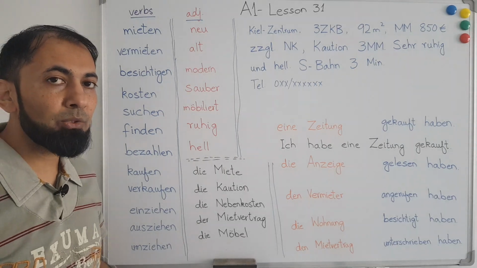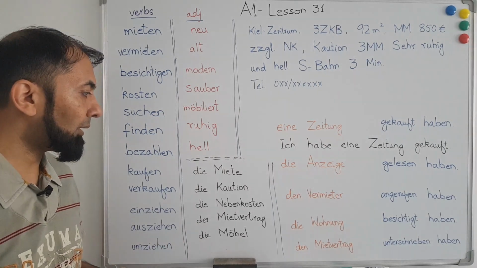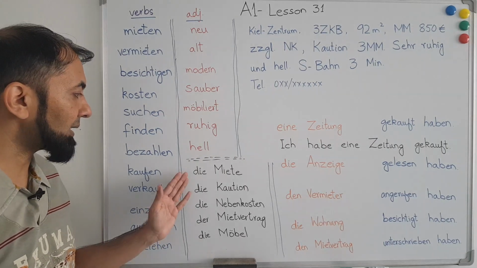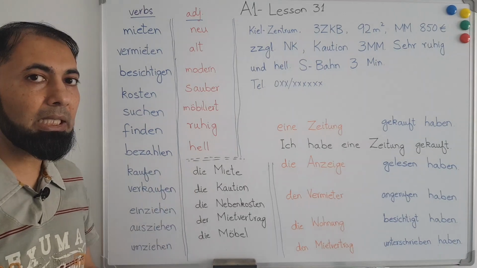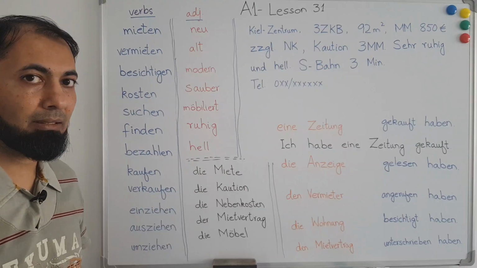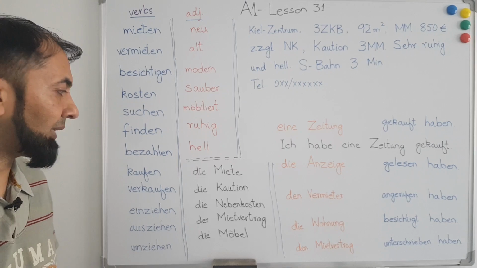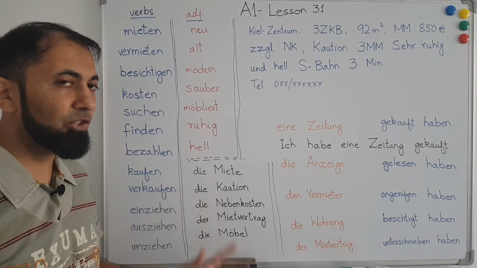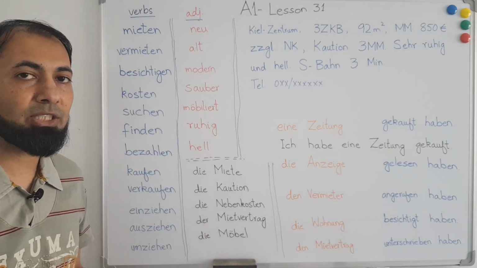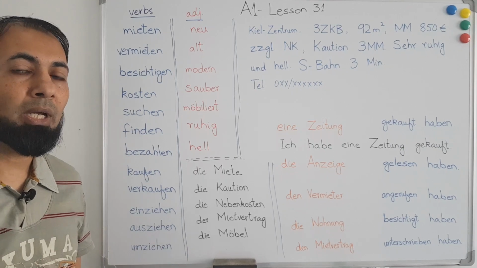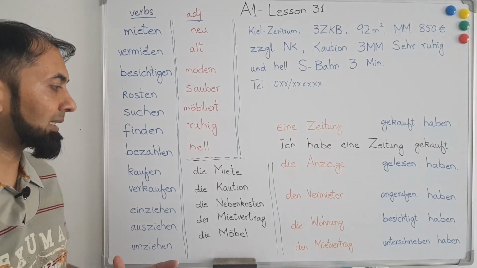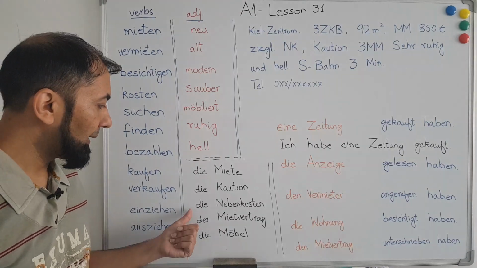Then we come to the nouns that you may come across when you are finding an apartment. The first one is die Miete, the rent that you have to pay every month. Die Kaution. Kaution is the security deposit that you have to deposit in advance when you move in.